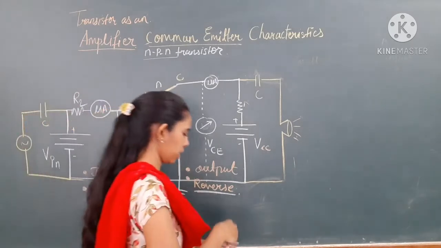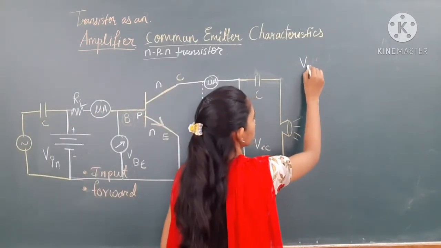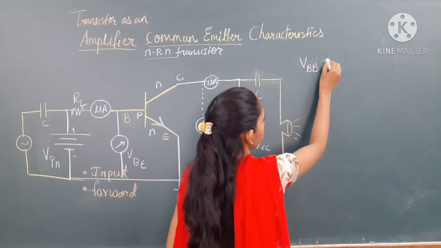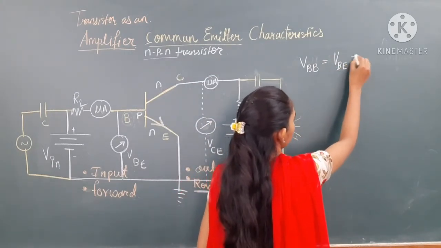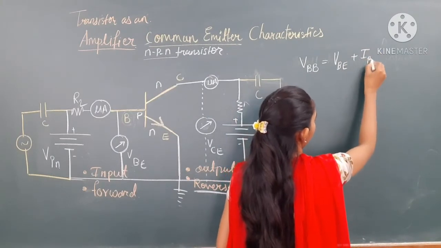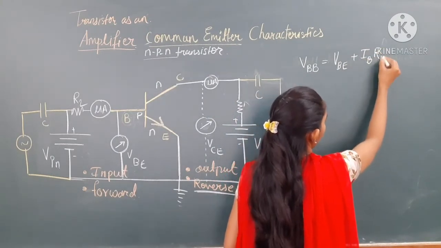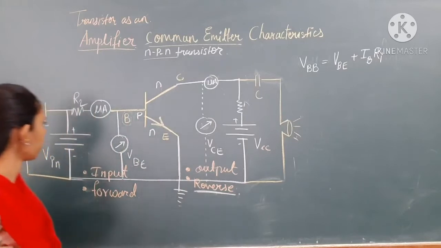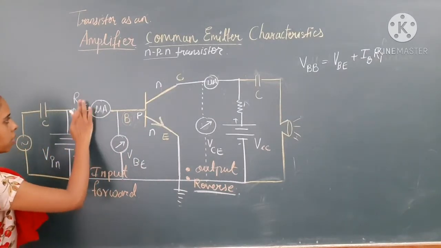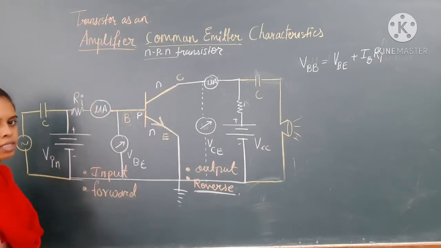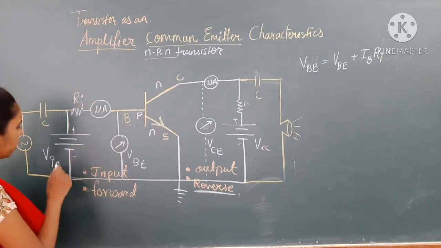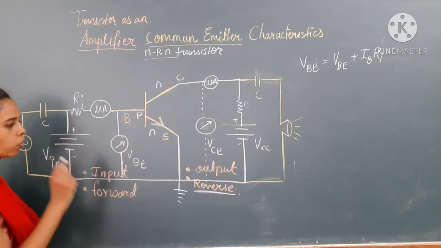So in this you can see that at the input, VBB is equal to VBE plus IB RI. Now what is this RI? RI is nothing but the input resistor which you are applying. This VBB is equal to VI, the input voltage.